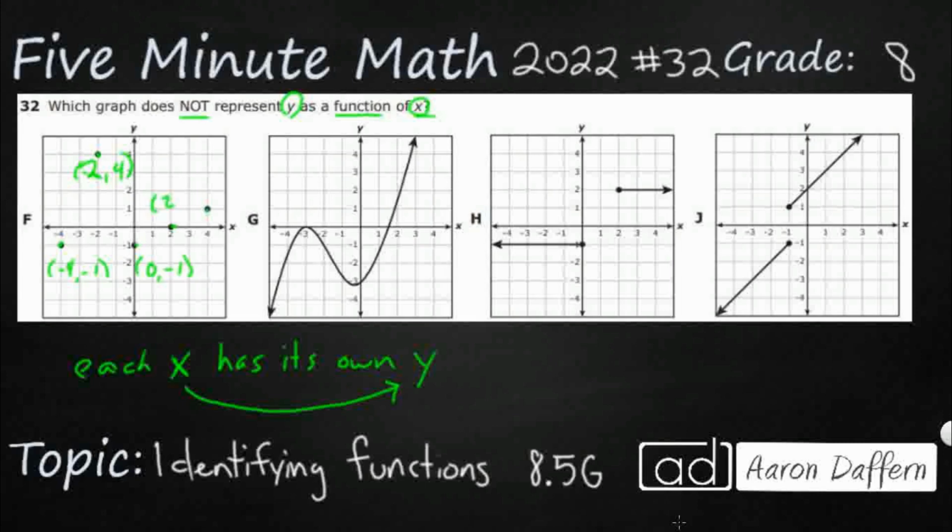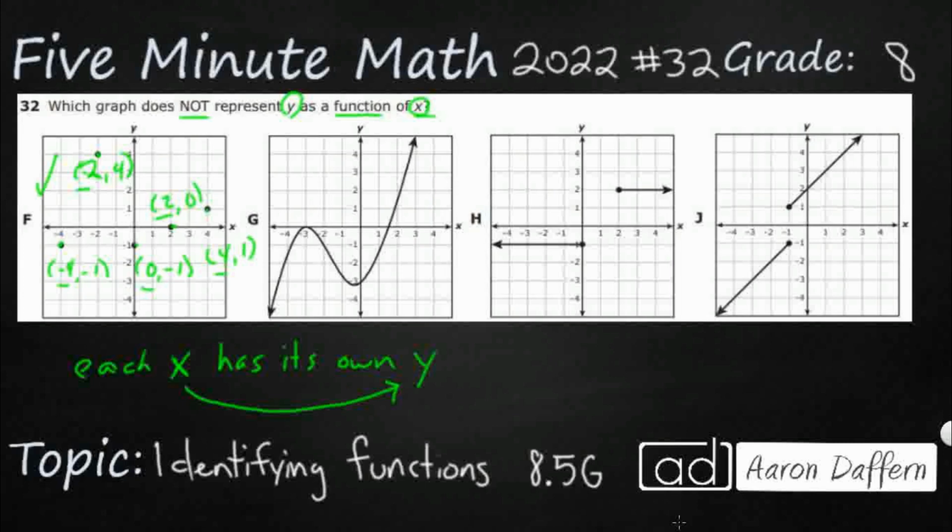We've got 2, 0. And we've got 4, 1. So what you see is you've got 5 different x's, and each x leads to its own y. So that means this is a function that works, even though it's not necessarily connected with a straight line. It is a graph of a function that works.